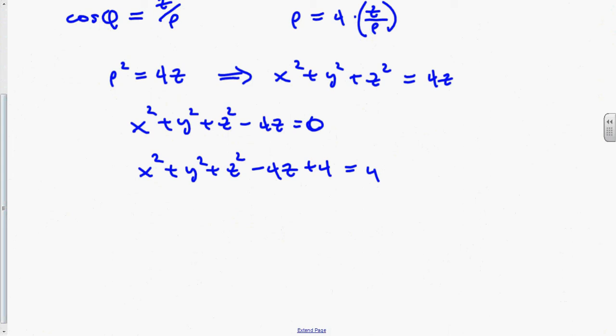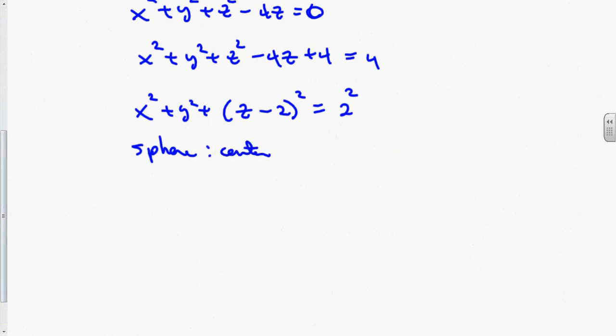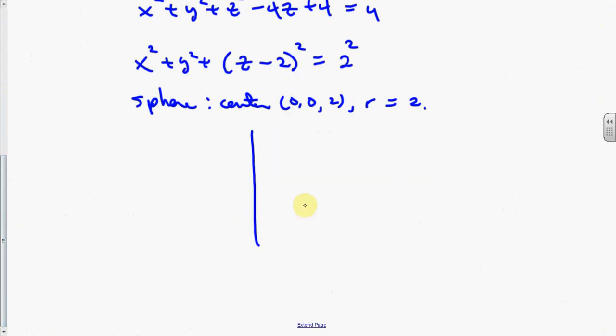It's a sphere. x squared plus y squared plus (z minus 2) squared is equal to 2 squared. So this is a sphere with center at (0, 0, 2) and radius equal to 2.